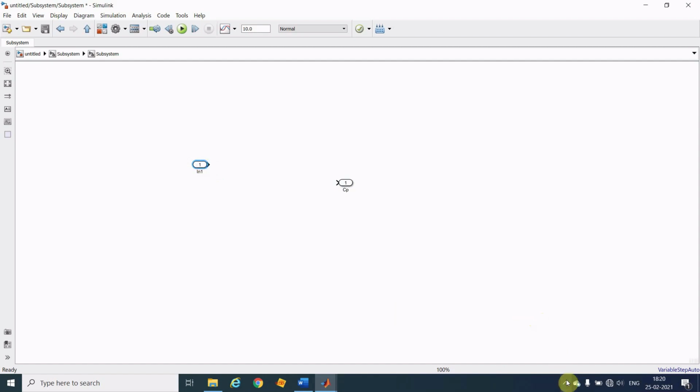Alpha and beta what? So accordingly we will make it. So this one is alpha, sorry, lambda and beta. So this is lambda and this one is beta. Cp is a function of lambda and beta as per our equation.